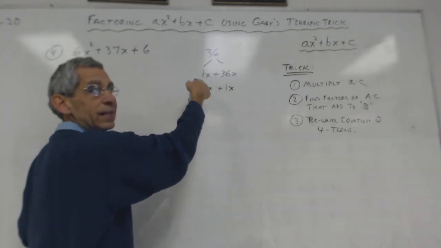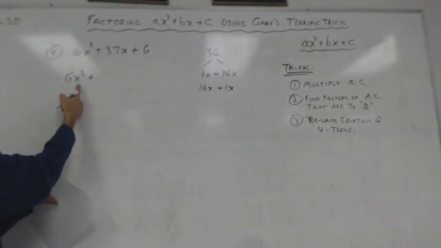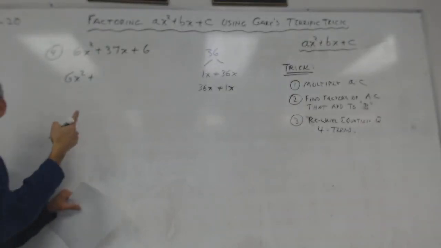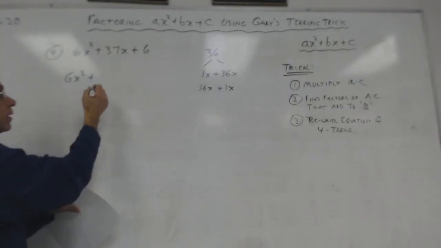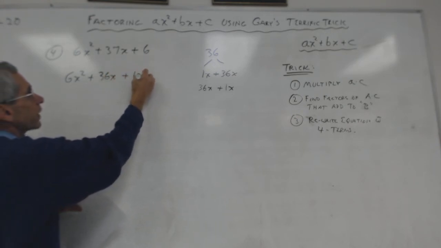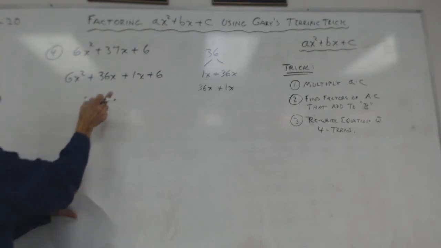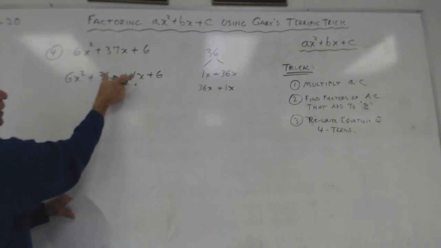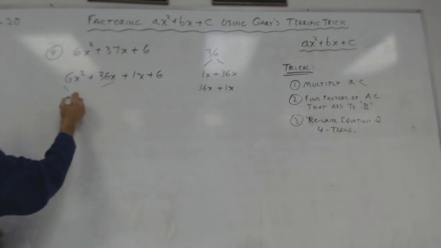It would work either way, but I like to group things that I know go well together. 6 and 36 go really well together. So I'm going to put my 36x here, and then plus 1x here, plus 6. Let's double check. Does that equal 37x? Yes. All right, now we're going to factor by grouping.